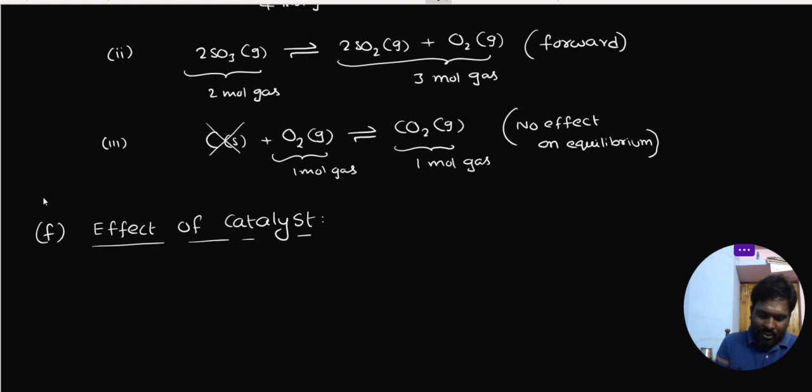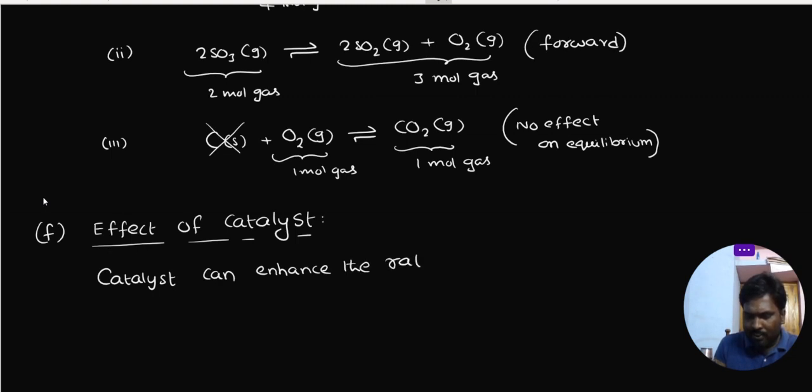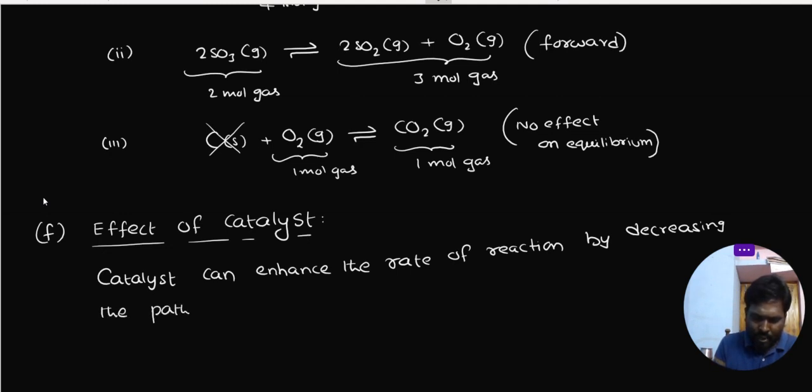Okay, what is the catalyst definition? A catalyst can enhance the rate of reaction by decreasing the path length.